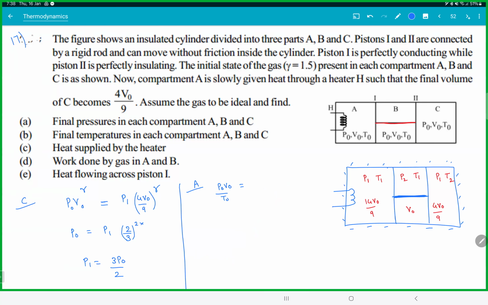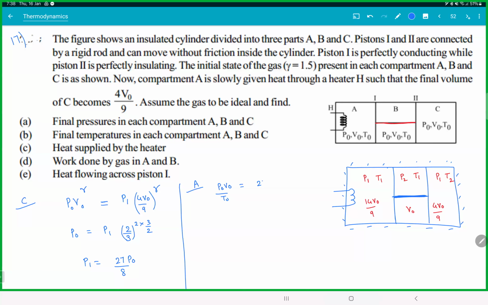So this is 2 into 3/2, that would be 2 cube by 3 cube, so 8. It will be reversed. That would be 3 cube, 27 P naught by 8. Clear? That is a mistake I did.